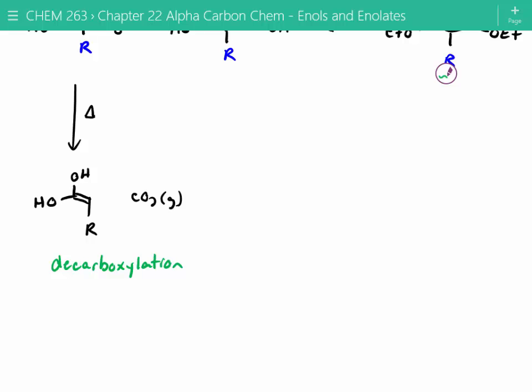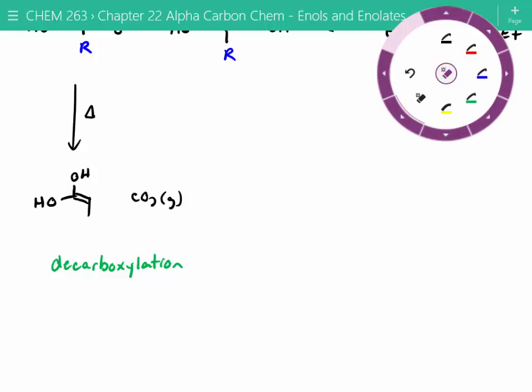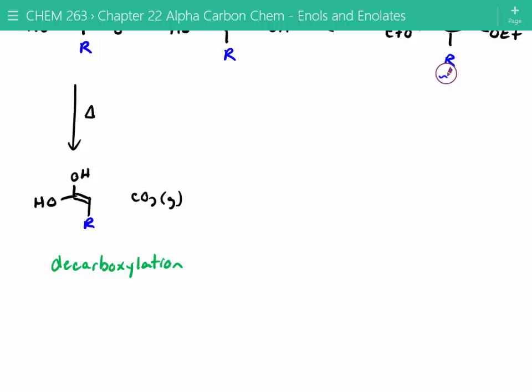Okay? So we're also at an enol, right? Sorry, this should be the blue R. And is the enol very happy as the enol? No. What will it tautomerize into? Back into a carboxylic acid.